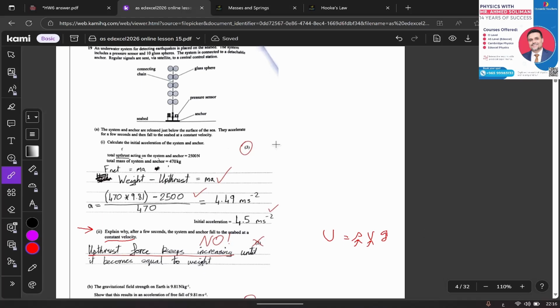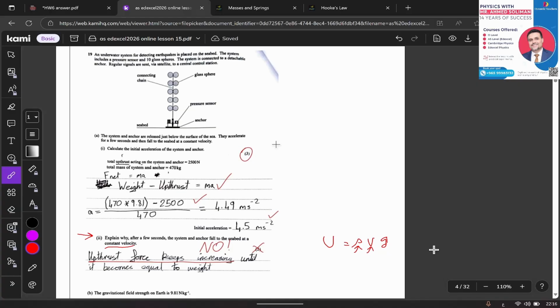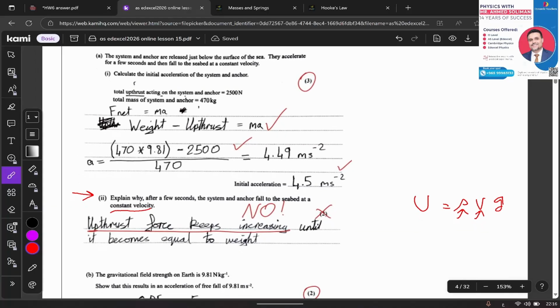It's supposed to be drag increases until the weight is equal to upthrust and drag. Yes, perfect. So now for these 2 marks, we will write: explain why after a few seconds the system will be at a constant velocity. We can write F net equals 0, as weight equals U plus F drag.